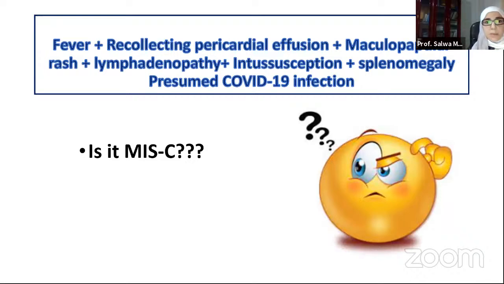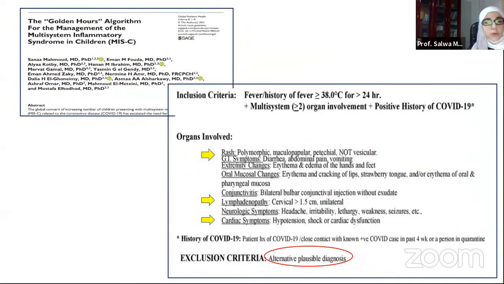What's MIS-C? MIS-C is the multisystem inflammatory syndrome in children, which was defined last June by the CDC. The inclusion criteria for the patient to be diagnosed as MIS-C are a history of fever, more than 38, for more than 24 hours, with more than 2 systems involved and positive for COVID-19.